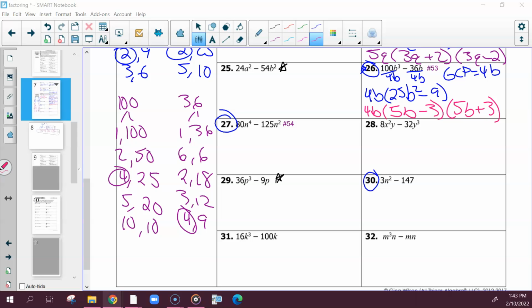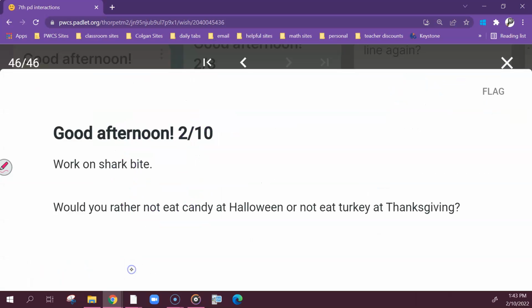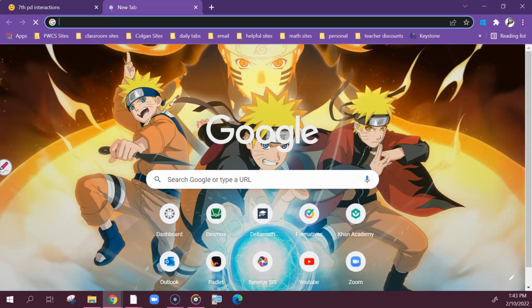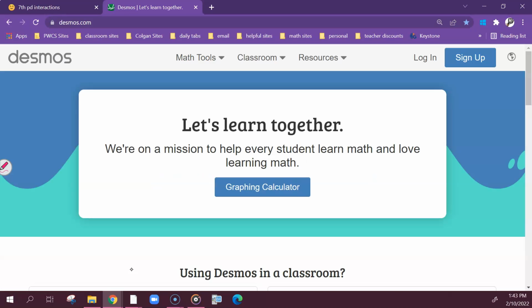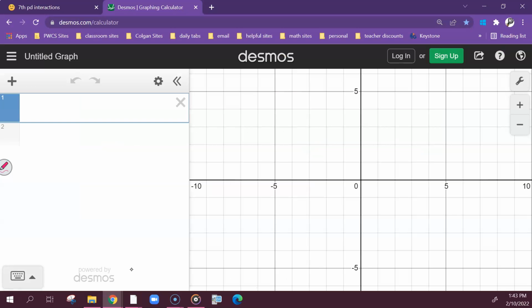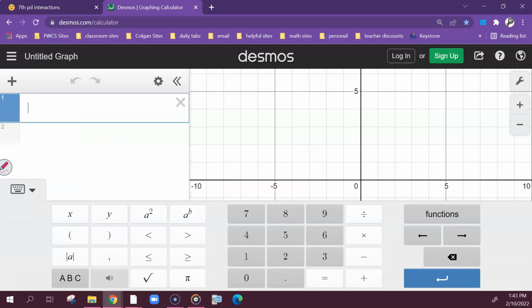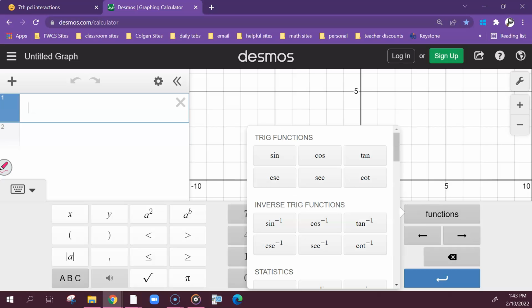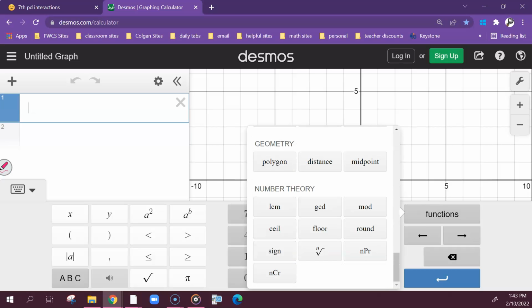But if you were to use Desmos for number 27, you open up your keyboard, go into functions, scroll all the way down to number theory, find GCD, which is greatest common divisor.